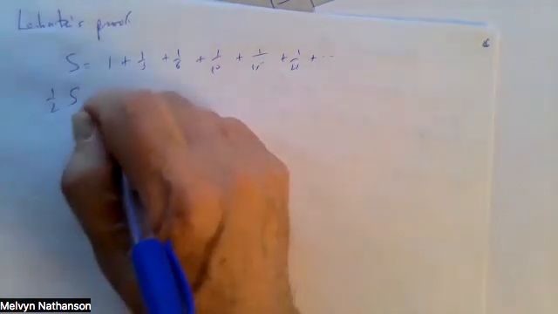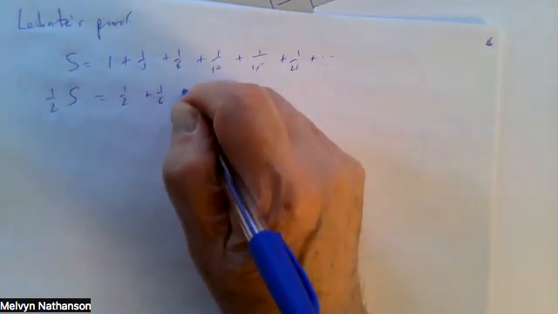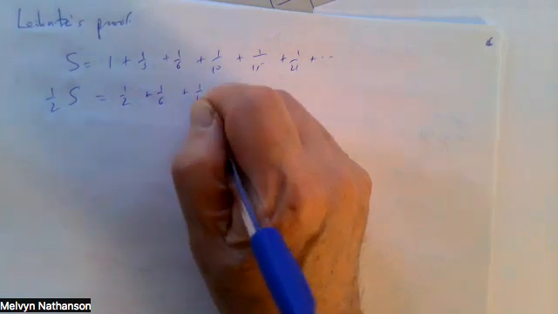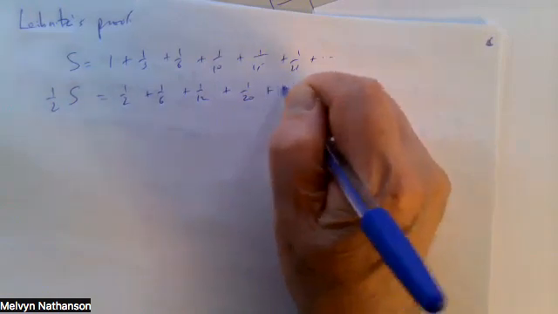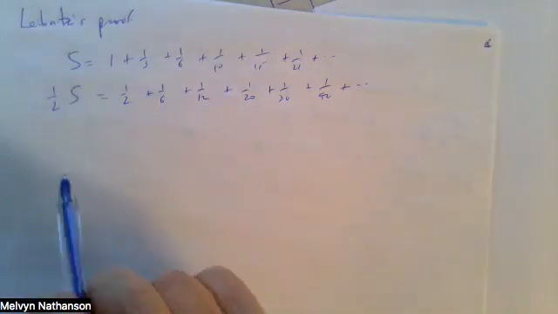So instead of looking at S, he looks at a half S, which is a half plus a sixth plus a 12th plus 1/20th plus 1/30 plus 1/42 and so forth. You're just dividing every number by 2.